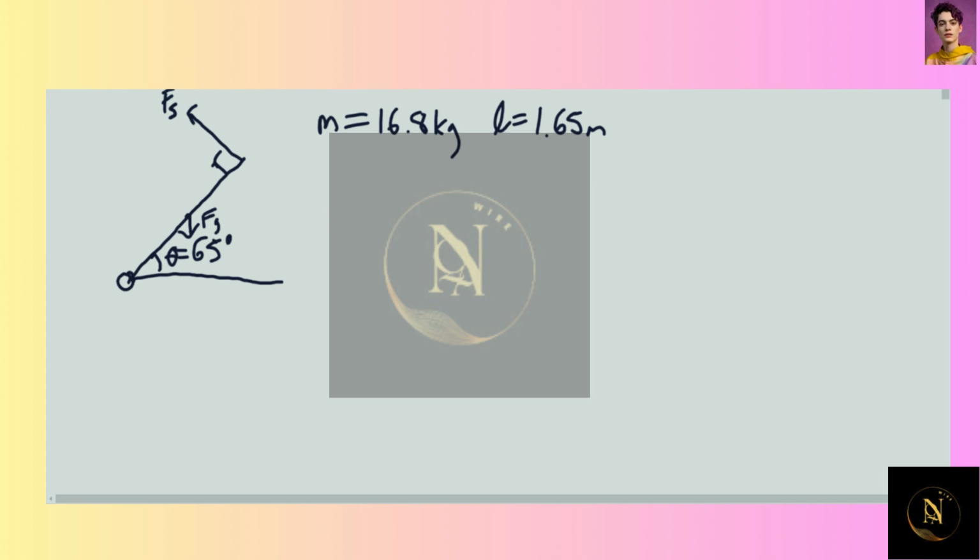I'm going to draw another picture for the force of gravity, one that's a little bit simpler. So we're just going to have the plain trapdoor here, and then we're going to have gravity pointing straight down. Now we're going to want the component of gravity which is perpendicular to the trapdoor.